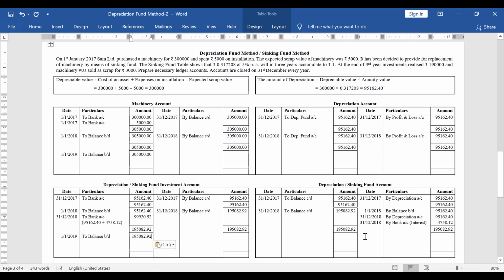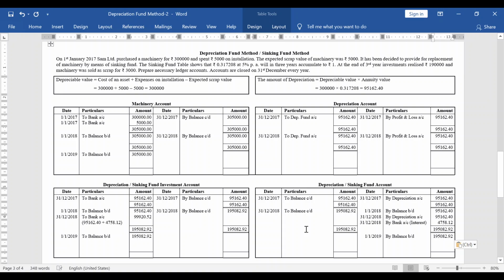Depreciation account does not show any balance. And on 1st January 2019, depreciation fund account shows a credit balance of rupees 1,95,082.92.